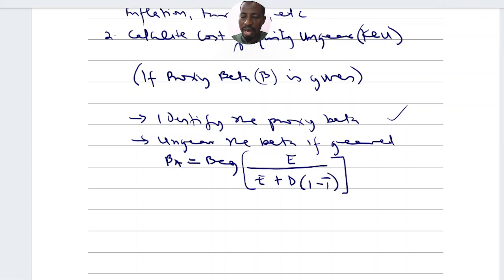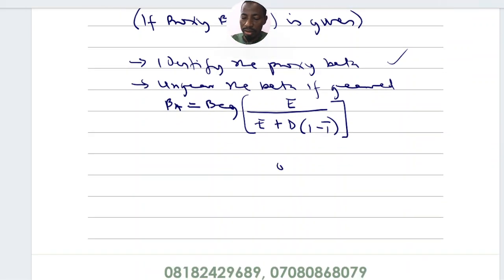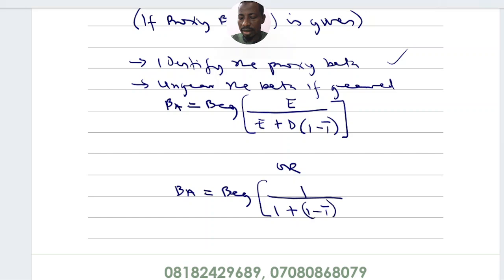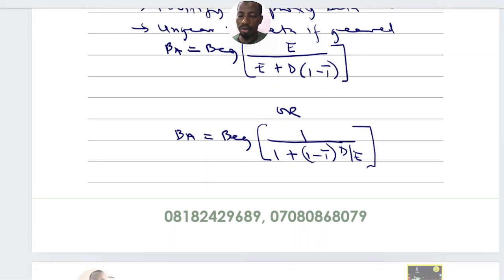Okay, so where debt beta is assumed to be risk-free, this is the formula that you are going to use. If I don't want to use this formula, I can also say beta asset equals beta equity of a geared company multiplied by 1 divided by 1 plus (1 minus tax), all of this multiplied by debt equity ratio of the proxy company. So I can either use this or this. Any of the two, I will get the same answer.